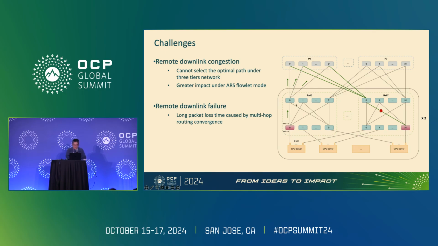From the connectivity perspective, the only point that would be able to take an alternative path that bypasses the link would be the source ToR here. Although this failure information can reach the source ToR, it would take several hops to do so. This would cause a longer time in packet loss.